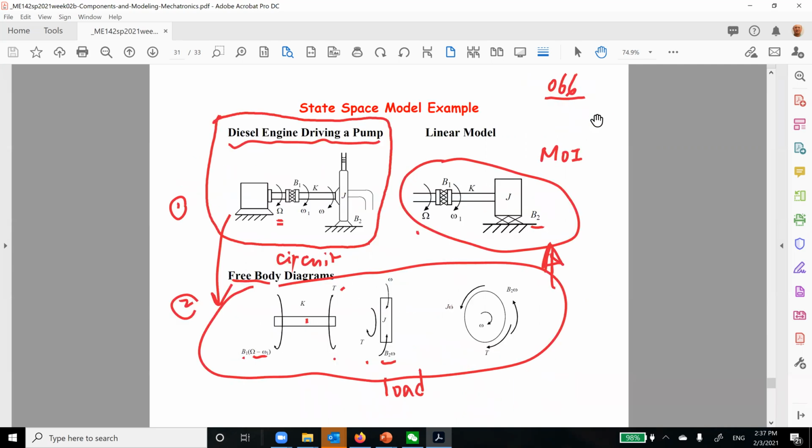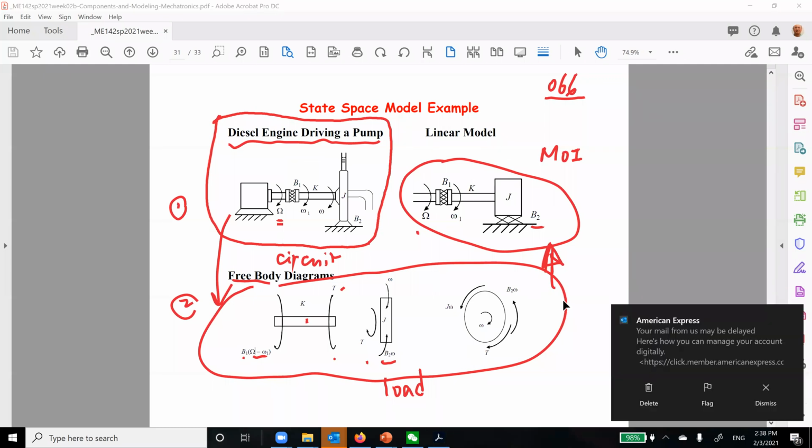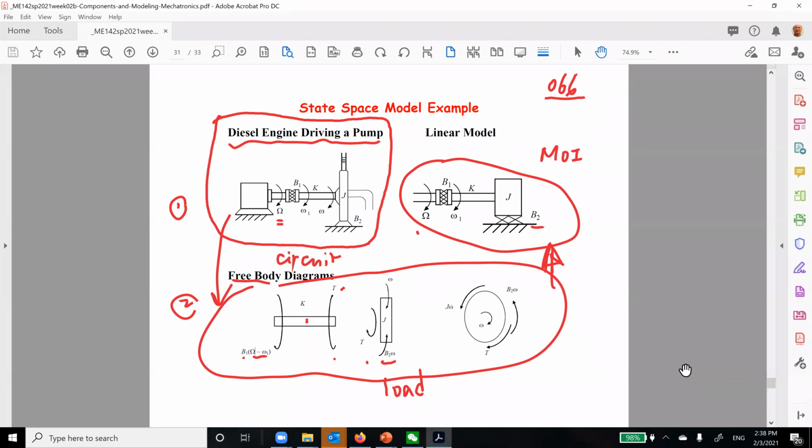So then we ended last lecture, Friday, with a state space model example for this diesel engine driving a pump. What we should do is decompose this system into different parts, and for each part use Newton's second law to get this equation.